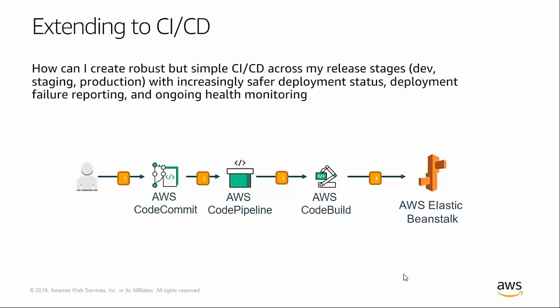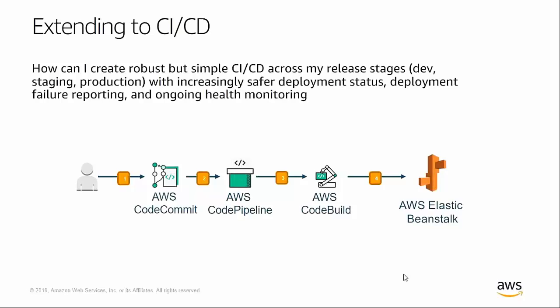And then if your application has any build steps, AWS CodeBuild will allow you to easily build your application as you've specified in a build spec file as well. So this really lets you go into a workflow where you're committing code into a source repository, which is then being picked up and automatically deployed into Elastic Beanstalk.